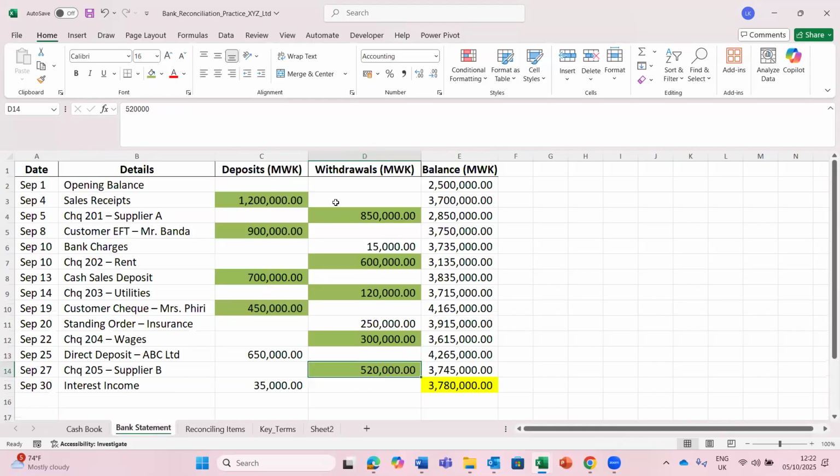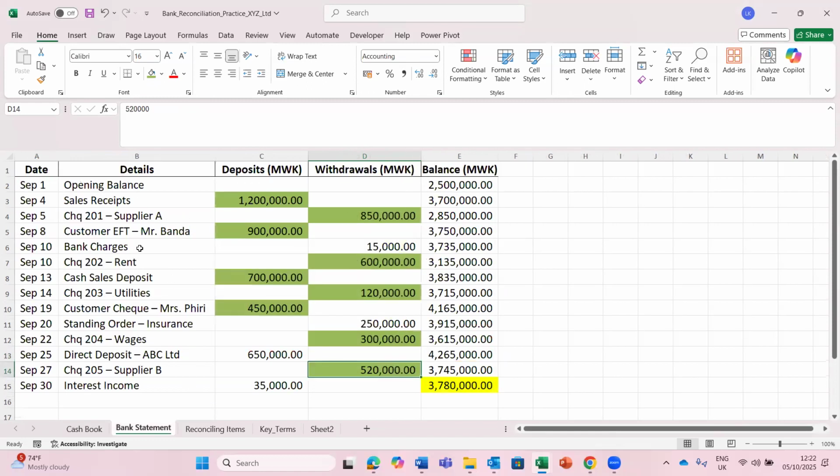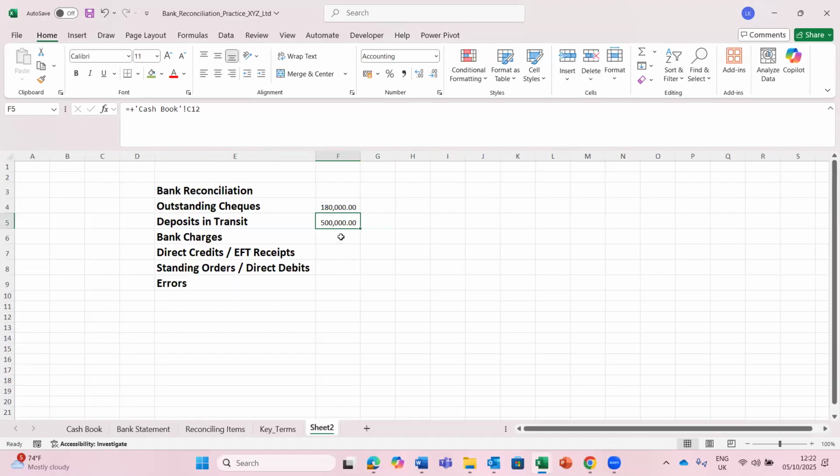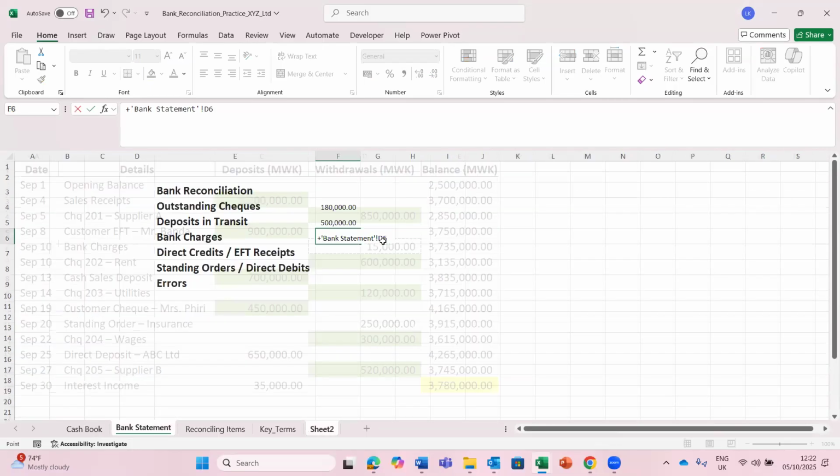Let's look at the items which are on the statement, but not on the cash book. Okay. So here we have bank charges, 15,000. So let's go here. Bank charges. How much? 15,000.